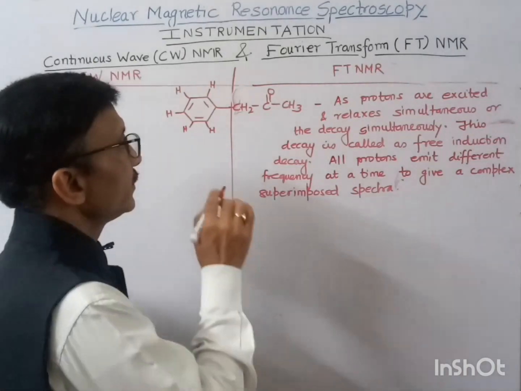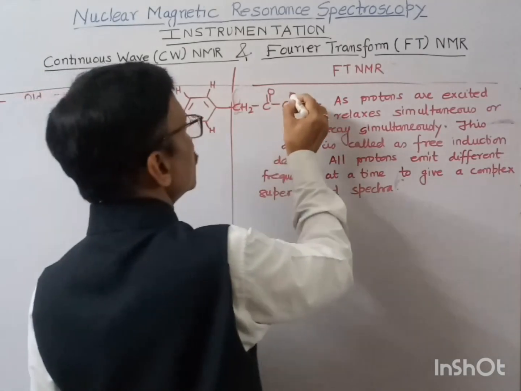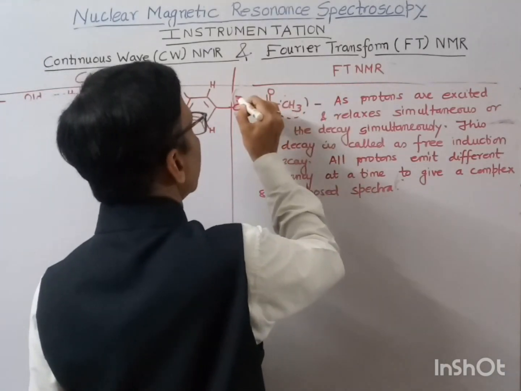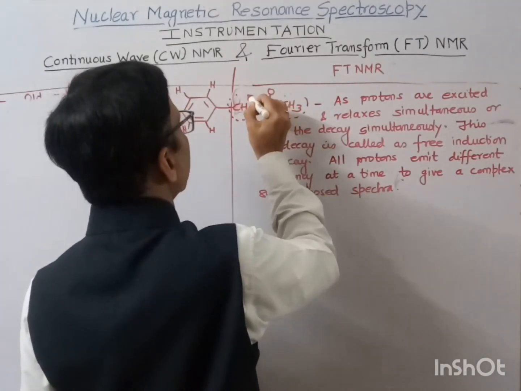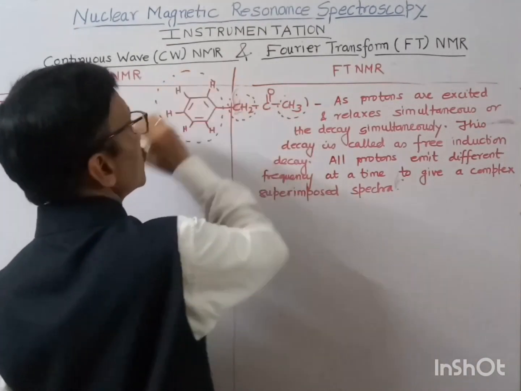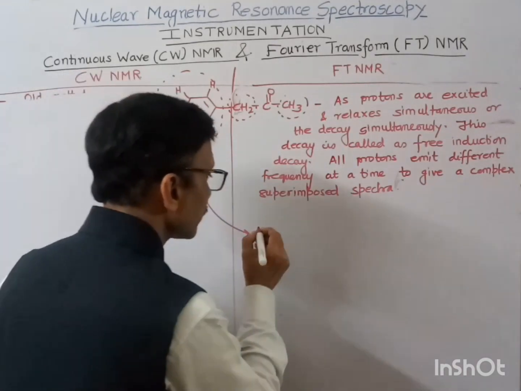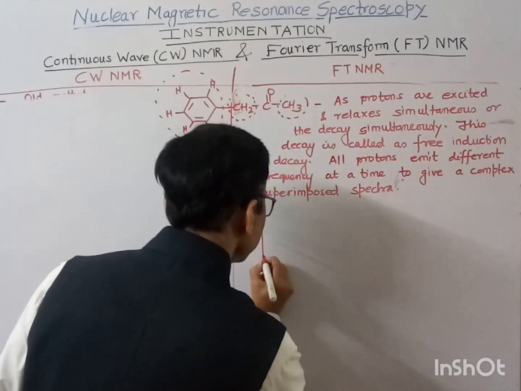Now suppose we get 3 different frequencies. One is due to this, another is due to this, and the next one is due to these 5 protons.